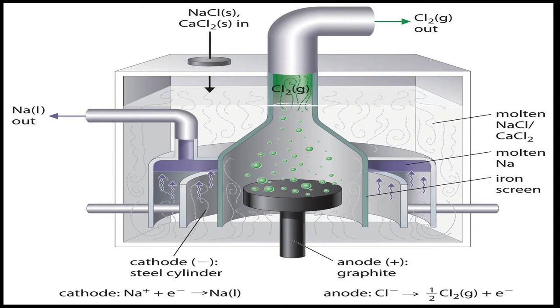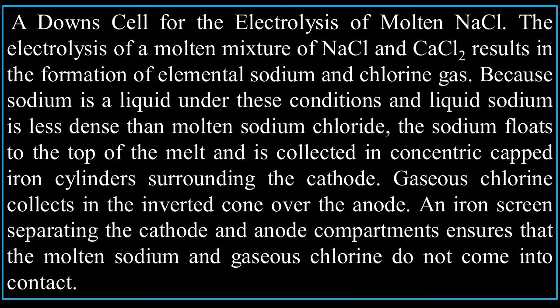You can see the iron screens. That whole setup that runs behind is the cathode, and the graphite platform is actually the anode. Okay, gaseous chlorine collects in an inverted cone over the anode.